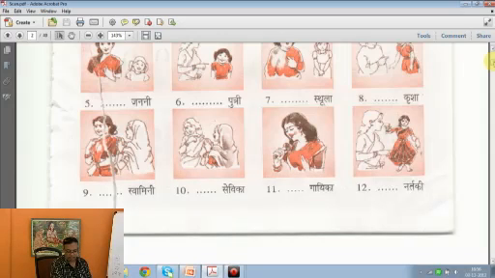Tvam sevika, you are a servant. Aham gayika, I am a singer. Tvam nartaki, you are a dancer. So here in these two pages, you are simply introduced to the personal pronouns aham and tvam, I and you, along with some masculine nouns and feminine nouns.